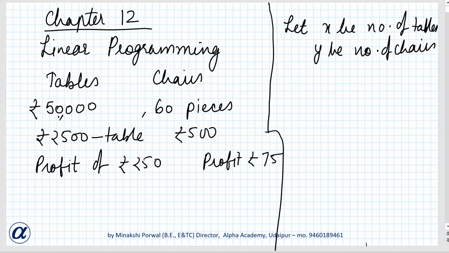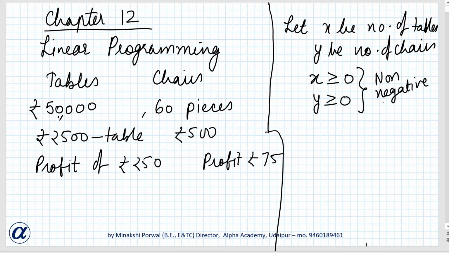Now x and y will be greater than or equal to 0. They cannot be less than 0. So x is greater than or equal to 0, y is greater than or equal to 0. These are called constraints, and they are called non-negative constraints.